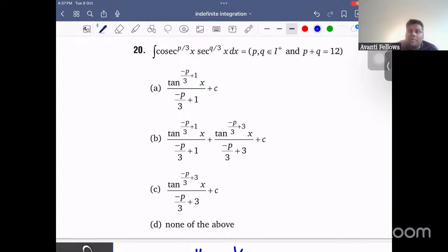See, this is the problem. You guys don't interact at all. Two people marked B as the correct answer. Very good. Others?